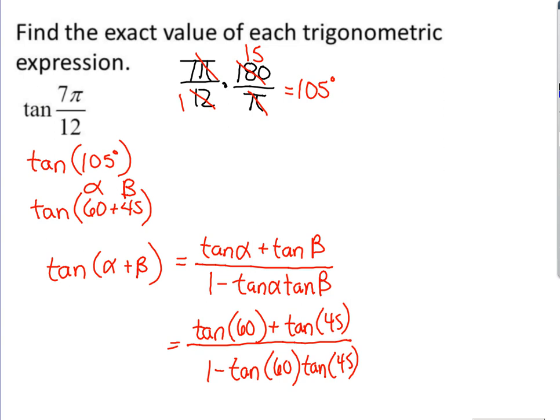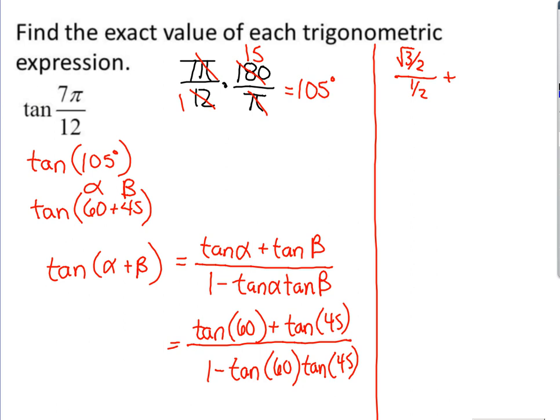Now remember, tangent is y over x. So if we look at our unit circle, at 60 degrees, we have an x-coordinate of 1/2 and a y-coordinate of radical 3 over 2. So the tangent is y over x, so we have radical 3 over 2 over 1/2.